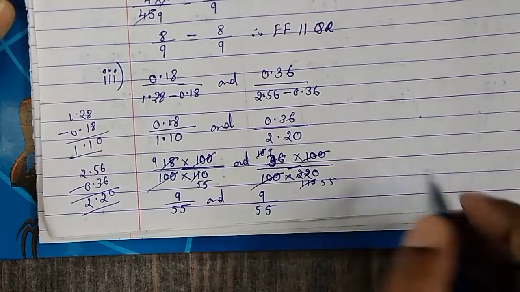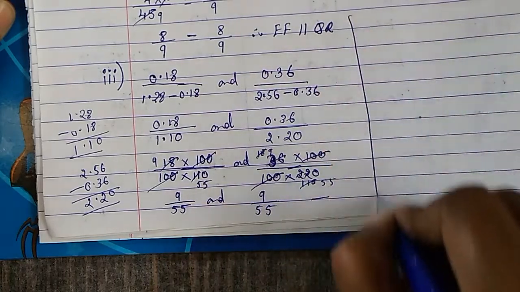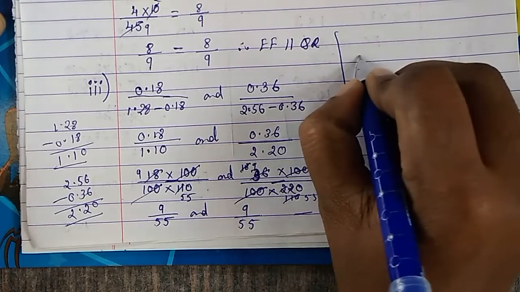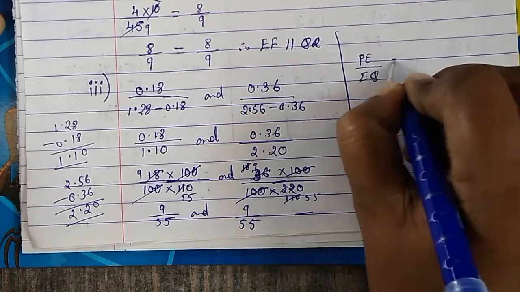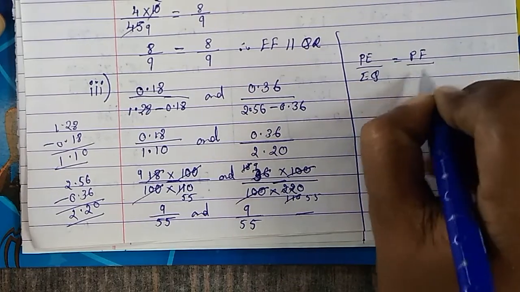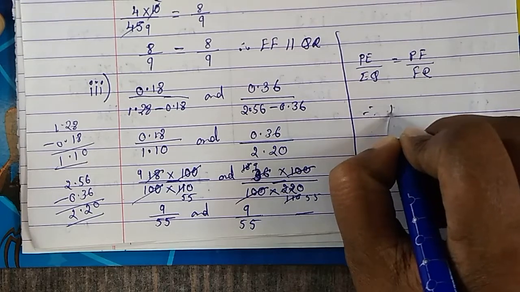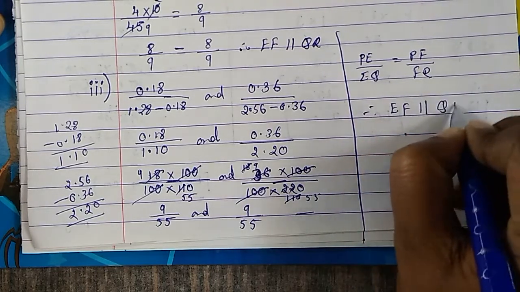So you can say that here PE upon EQ is equal to PF upon FR. Therefore, EF is parallel to QR.